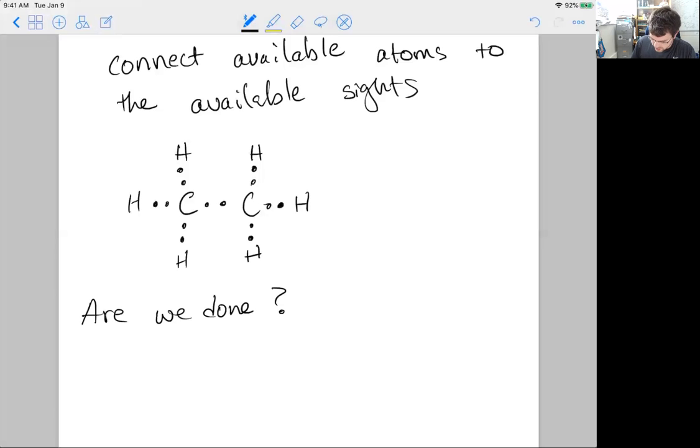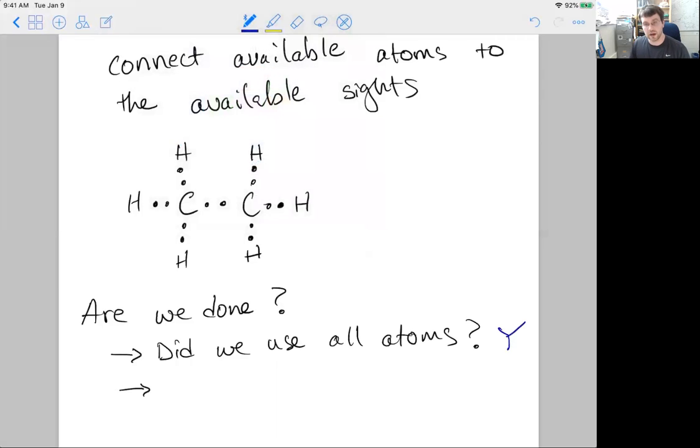To answer that question we would really answer other questions like, did we use all the atoms? And the answer to that question was yes. We had 2 carbons and 6 hydrogens to start, and so we've used all of the atoms that were available to us.